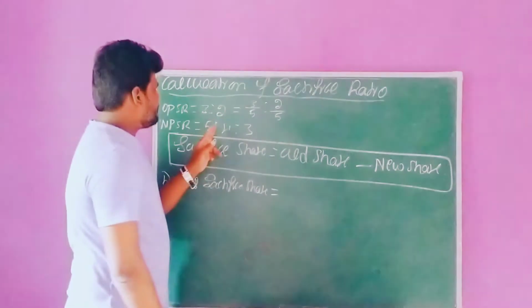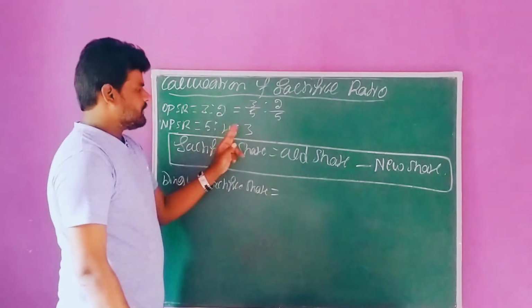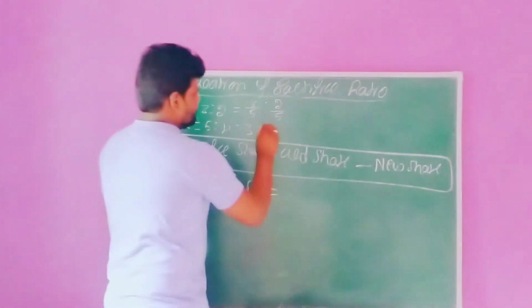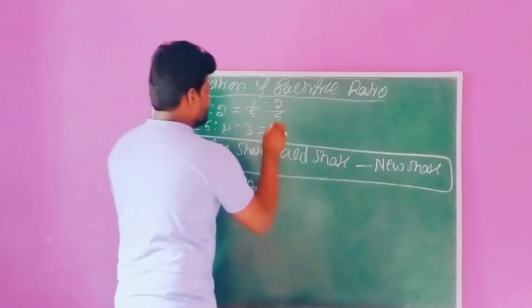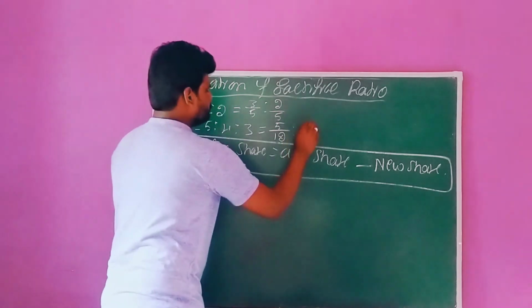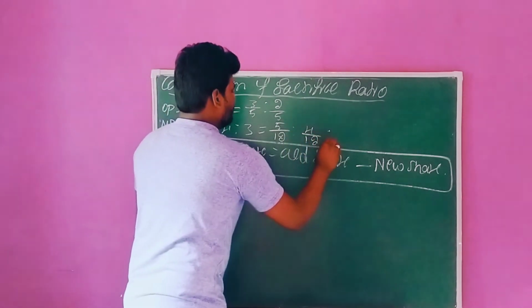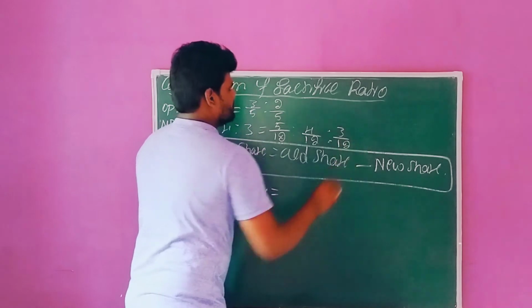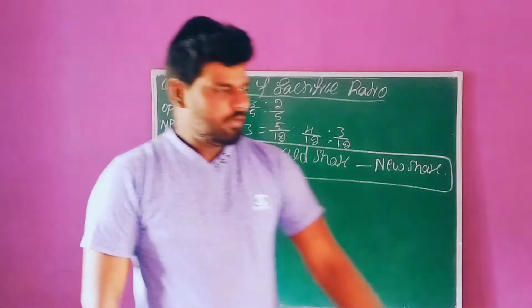And the same in 5:4:3: 5 plus 4 plus 3 is a total of 12, right? We can convert it into ratios: 5 divided by 12 is to 4 divided by 12 is to 3 by 12. This is the ratio of the partners.